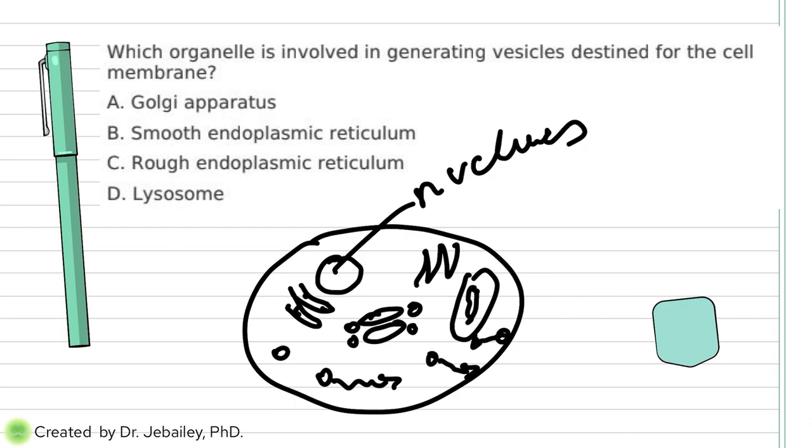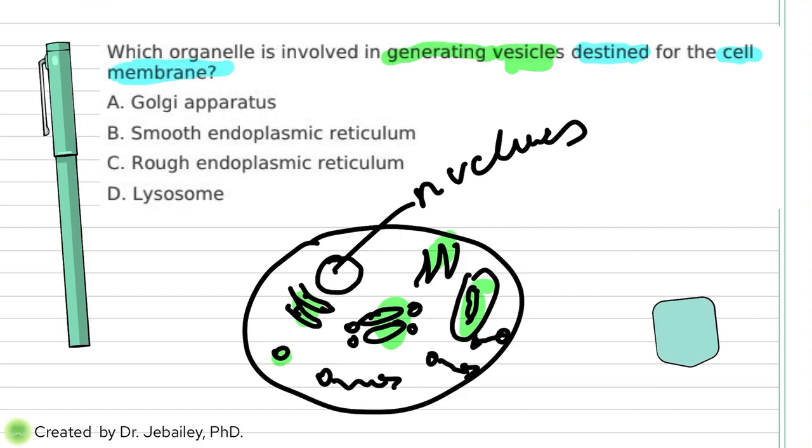So they're talking about which of these organelles? Is it the rough? Is it the smooth? Is it the Golgi? Is it the mitochondria? Is it the lysosome? Which of these guys are actually involved in generating vesicles? Now, here is where there is more detail. It says destined. That means its final destination is what? It's the cell membrane.